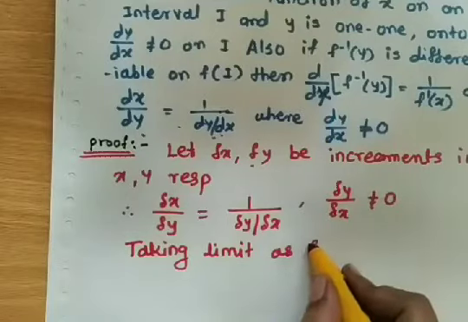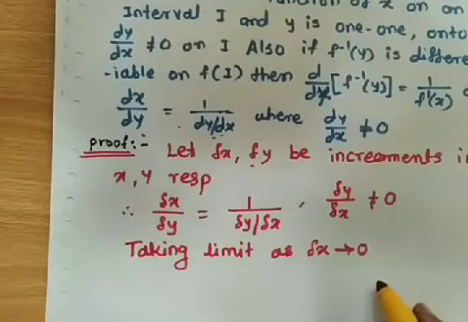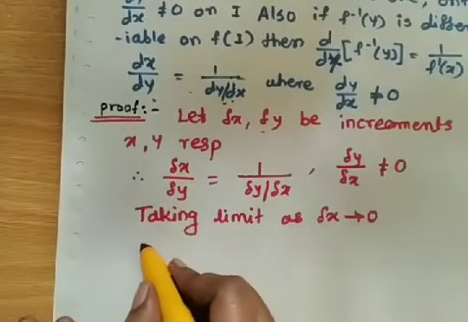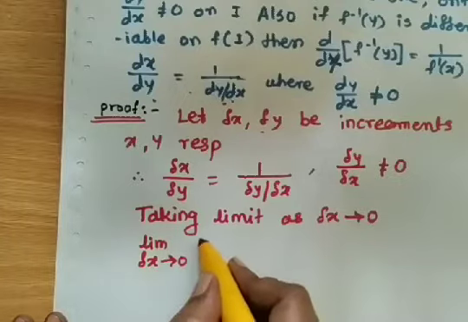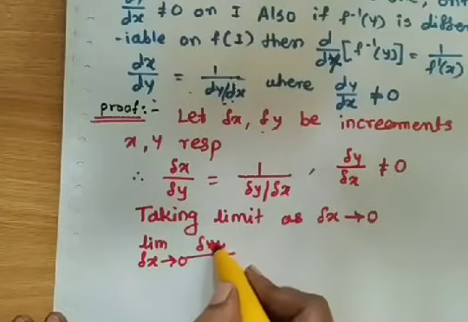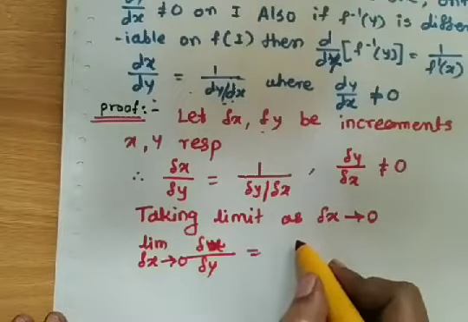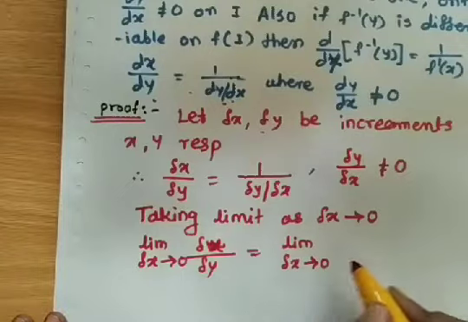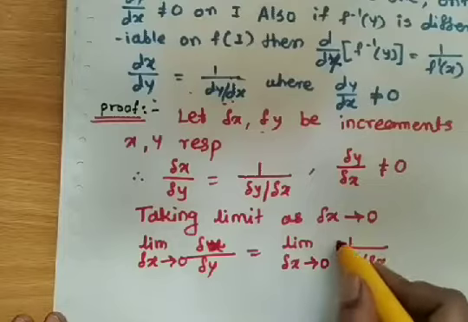Okay, this is the small increment in the variable x. Taking limit as delta x tends to 0 on both sides, then we have here limit as delta x tends to 0 of delta x divided by delta y is equal to limit as delta x tends to 0 of 1 upon delta y upon delta x.